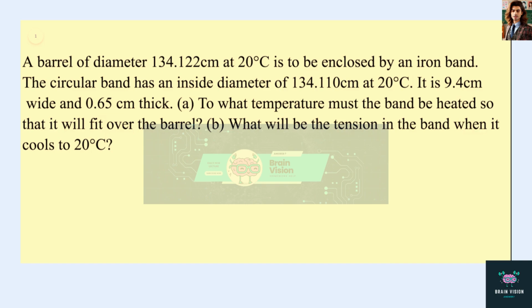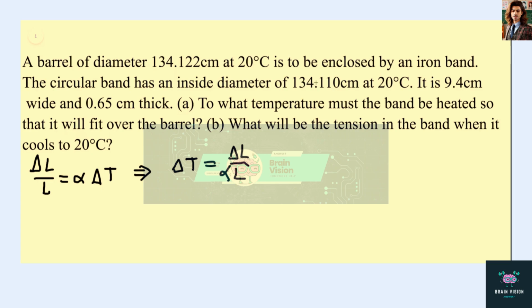Okay, so for the first bit, we need to start from our thermal expansion formula. So delta L over L is equal to alpha delta T. Rearranging this, delta T, our change in temperature that we require, is equal to delta L over alpha L. Alpha for iron is 1.2 times 10 to the minus 5.